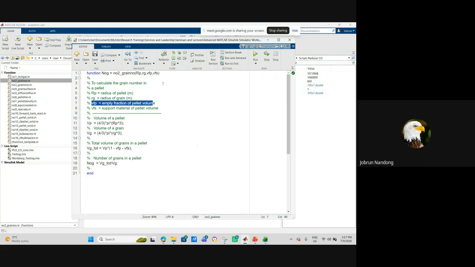Therefore, we need a fraction of volume allocated for the support material. So this is VFS, the support material fraction of pellet volume. A fraction of that volume occupied by the support material, we call VFS.